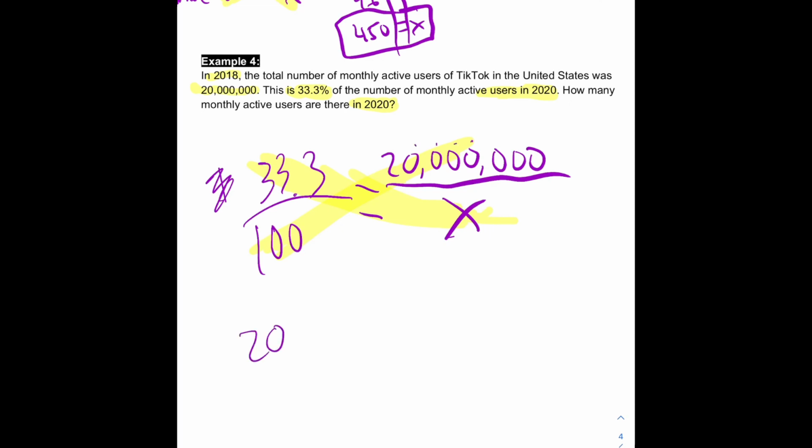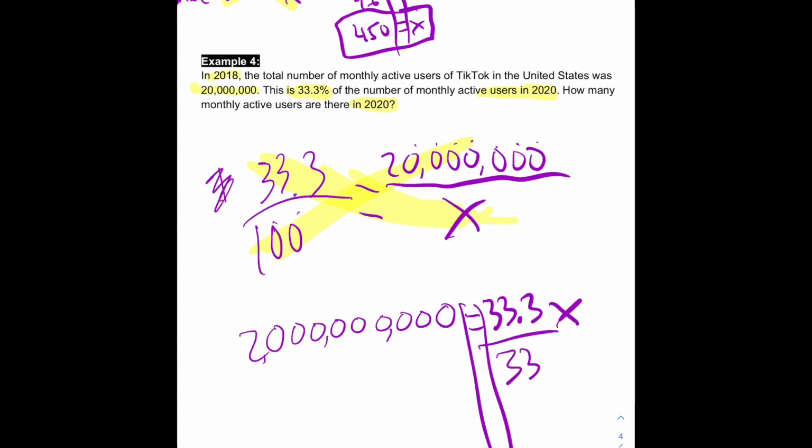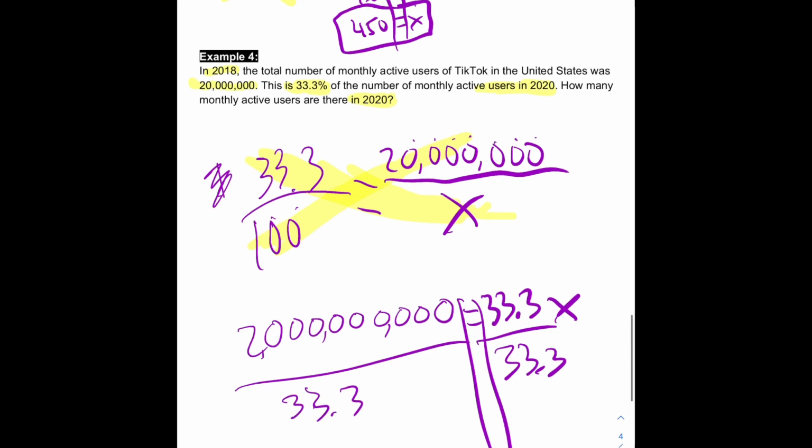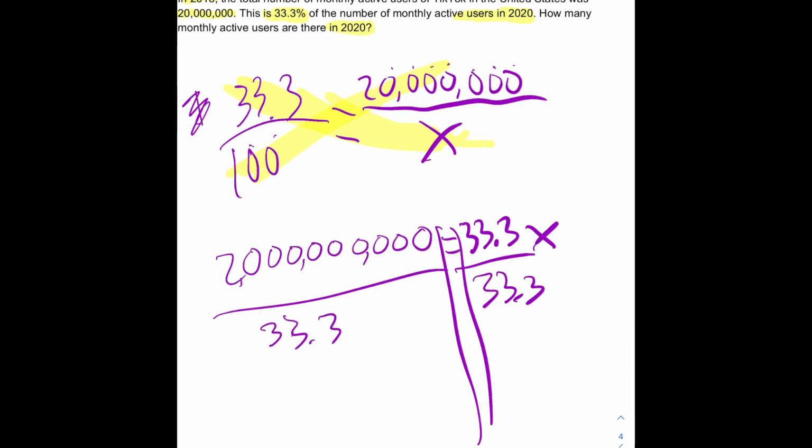20 million with its zeros, times 100, is 2 billion equals 33.3x. Divide on both sides. Of course, you can use a calculator on this. Okay, these problems, please use a calculator.